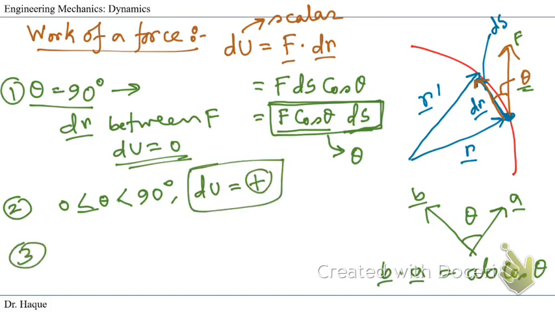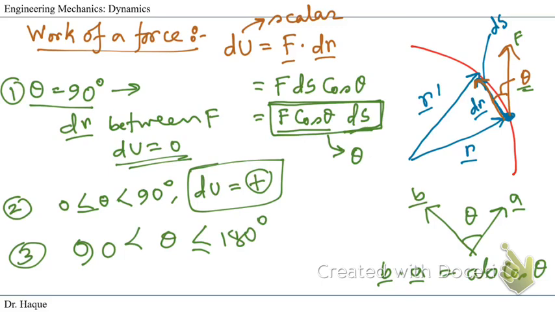The third scenario: if our angle is greater than 90 degrees and less than or equal to 180 degrees, then we will have the opposite direction.